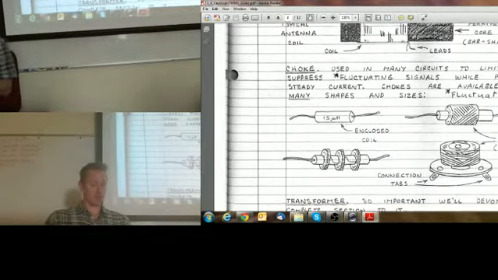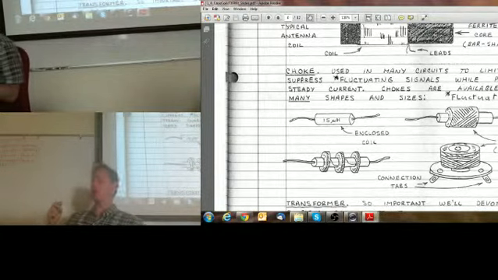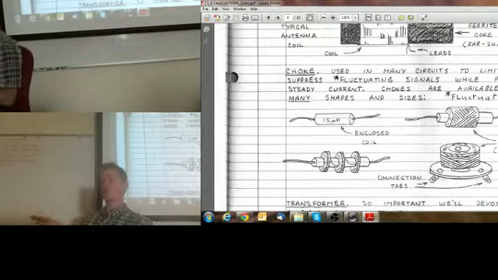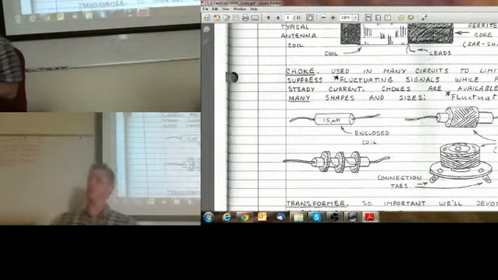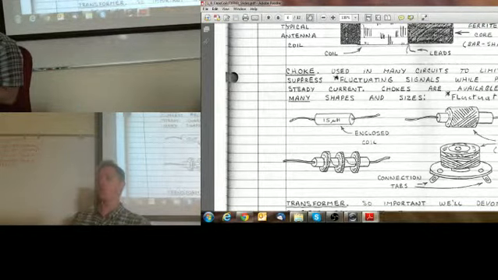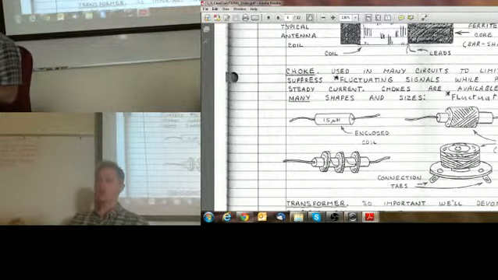Sometimes when an inductor is used to prevent the flow of certain types of current, like high frequency current, high frequency voltage, or to impede the flow of a sine wave or a sine current, then we call it a choke.